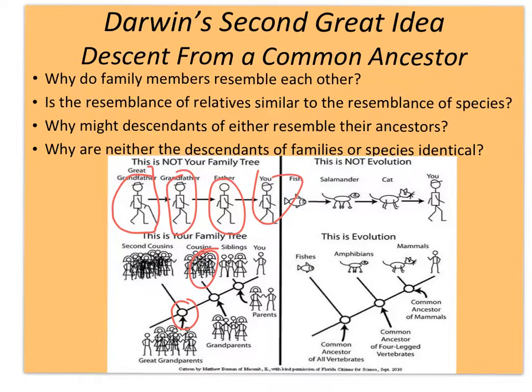Now, species are the same way. First of all, fish did not lead to salamanders, and then to cats, and then to you. No. First of all, there was a common ancestor of all vertebrates. Okay? And that was right here.